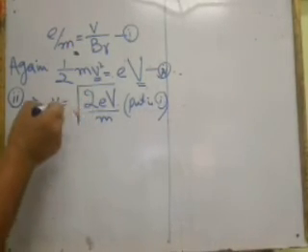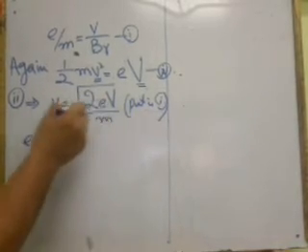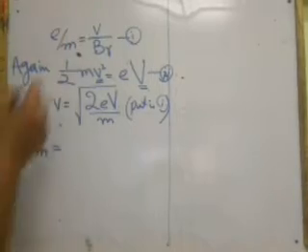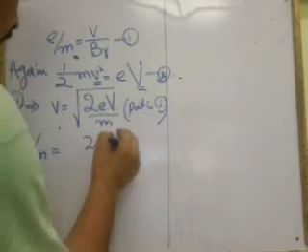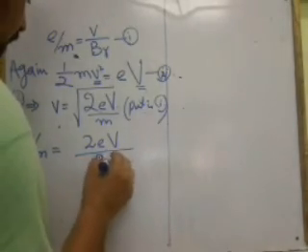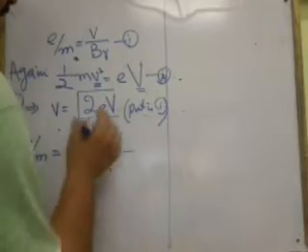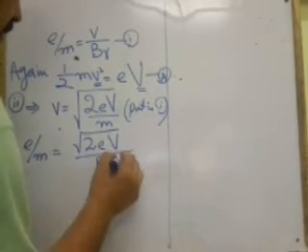Putting this in equation 1, we can have e over m equal to, putting the value of small v from this equation into this one, the square root of 2eV divided by m, all divided by B r.